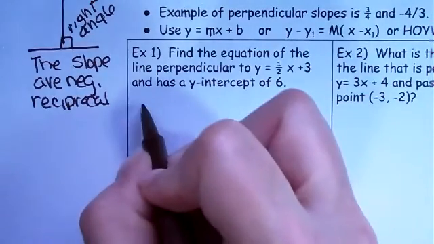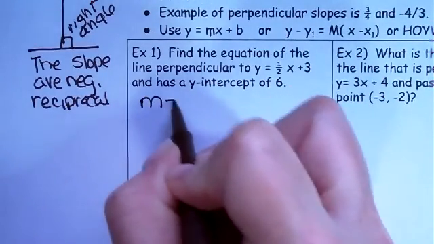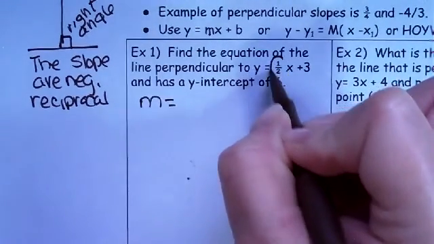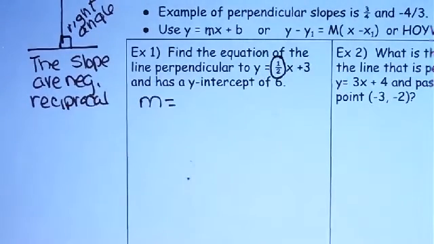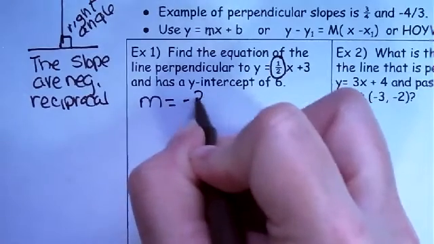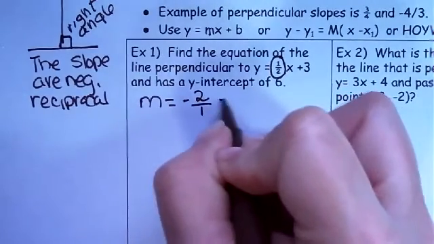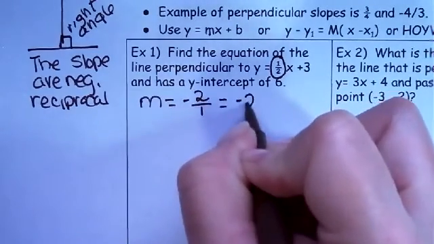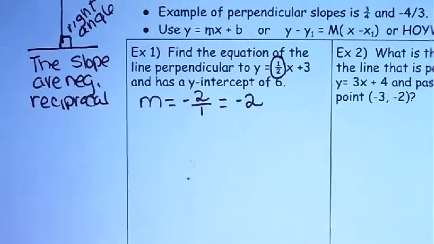Since the slope of our original line is 1/2, I'm going to have to take the negative reciprocal of that. That would be -2/1, but I'm just going to make it -2 because I don't need that denominator of one. So my slope is -2.